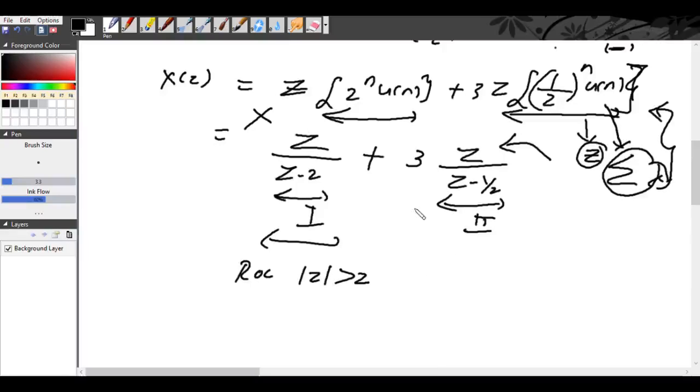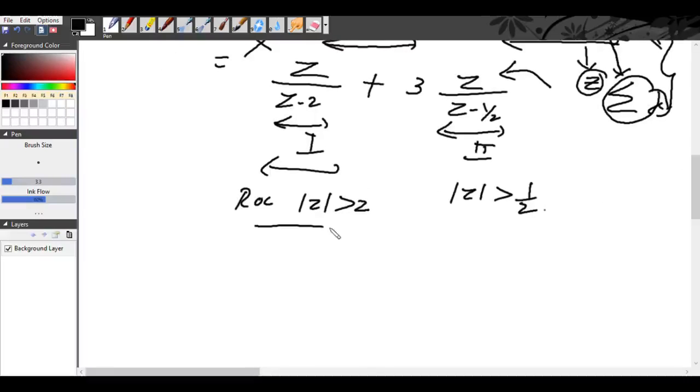Similarly, for the second part, the ROC must be modulus of z greater than 1 by 2. When multiple regions come like this, what will we do? You will take the intersection of these two regions. I hope you remember this.